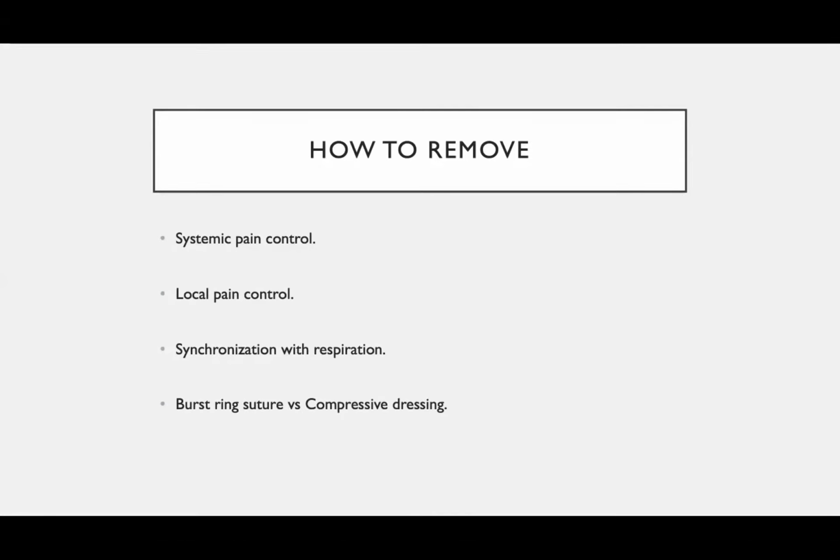You also have to inject local anesthetic. This is what I usually do, and it should be synchronized with the respiration. We have discussed this. For compressive dressings, nowadays I usually use them for those patients with continuous air leak, and we're going to discuss this, and we can have the opinion of our colleagues later on.